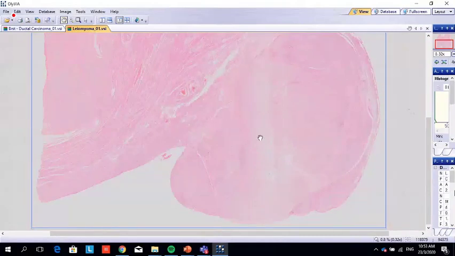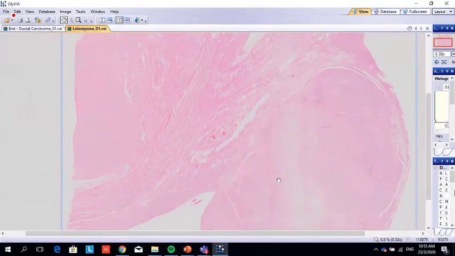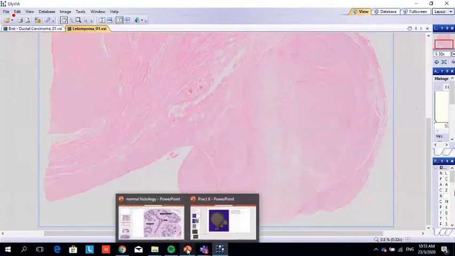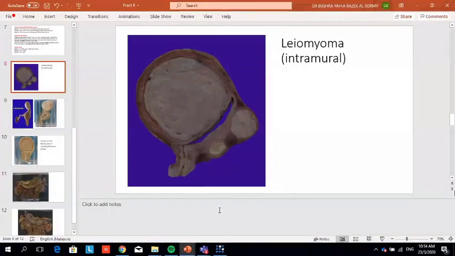Doctor, can you go back to the gross picture one second? Back to gross. There is a gap, like if we go up the cervix, there's this gap, like a line. This one? Yeah, endometrium. So this big fibroid is in between the endometrium and the myometrium.